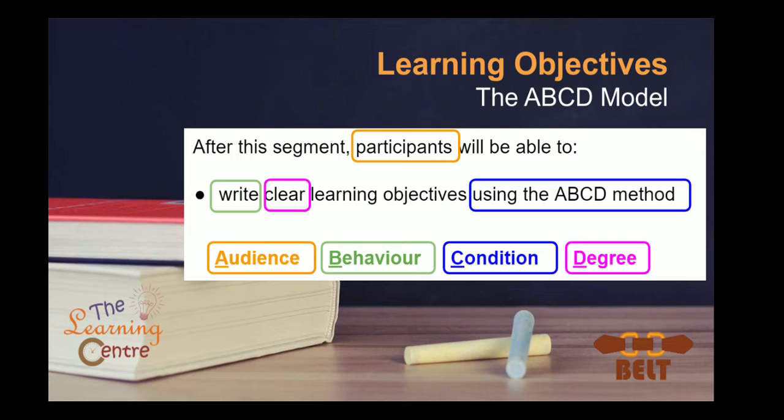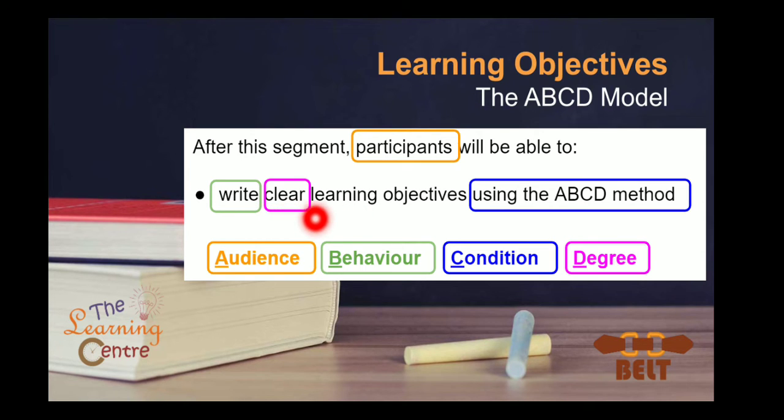Here is an example. After this segment, participants will be able to write. So write is the behavior which is observable and measurable. Write clear learning objectives. Clear is the degree, it specifies how much, in what way the performance will be done and it will be acceptable.